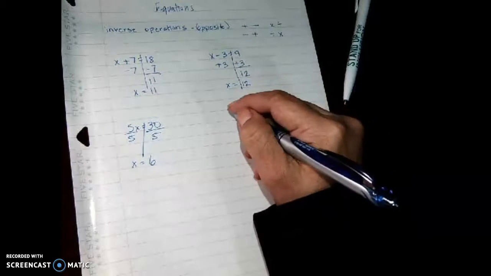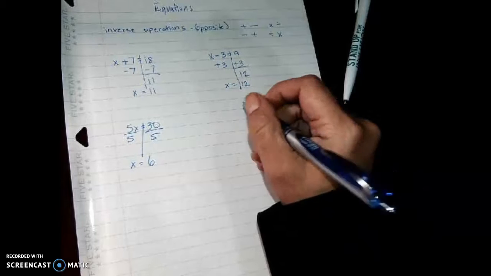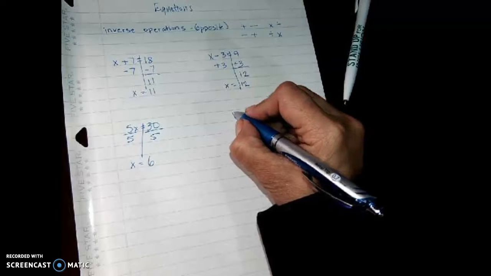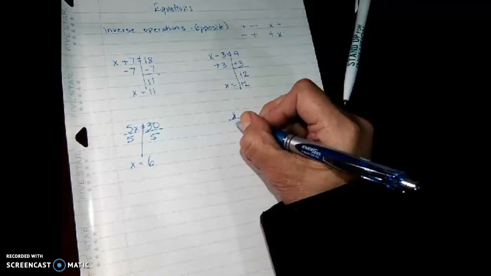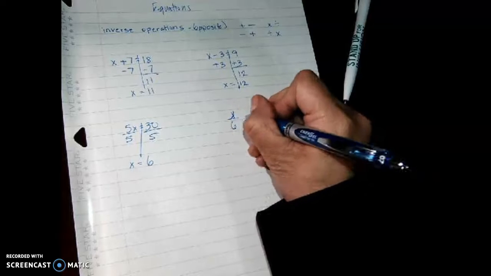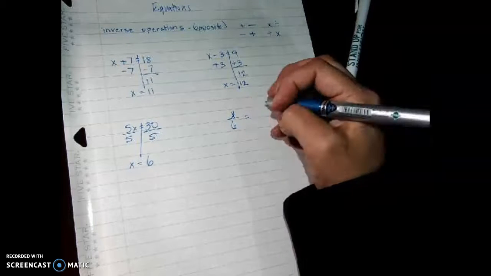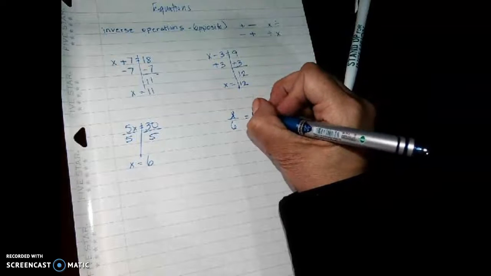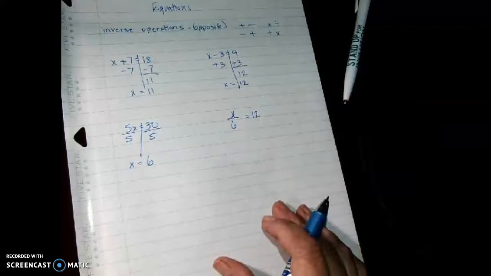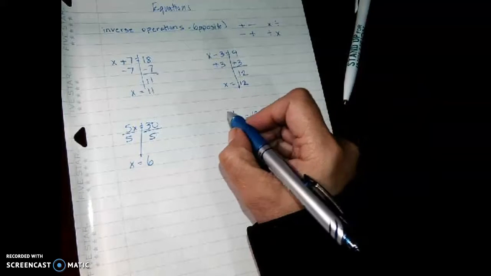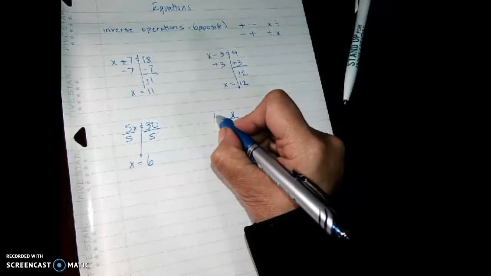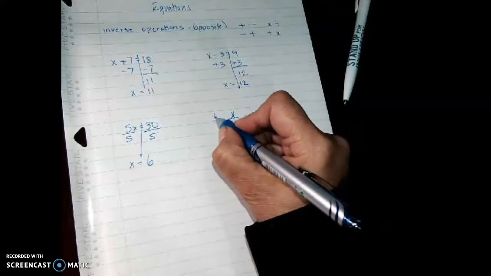If I have x over 6 equals 12, this is saying division. I'm going to multiply it out, flip it to get rid of it.